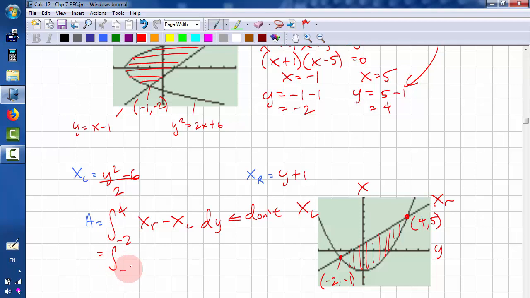We just want to lead into our actual ones because we don't want to integrate with respect to y and have x's in our functions. So we have y plus 1 minus y squared minus 6 over 2 dy. So we want to just think this step.